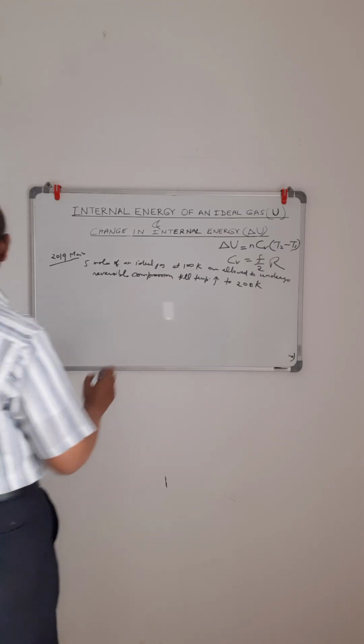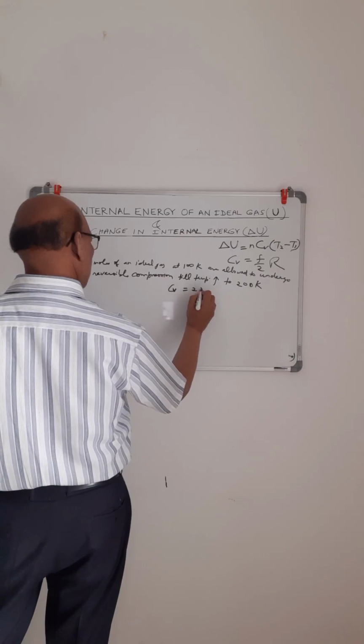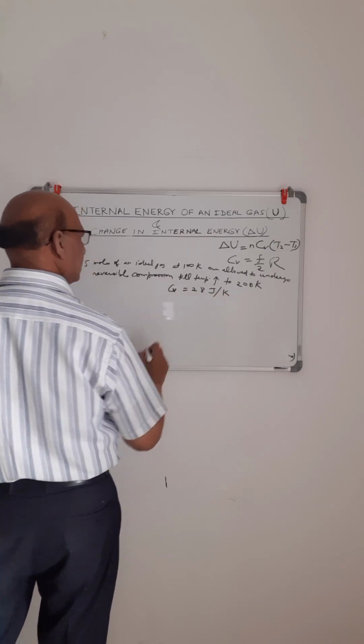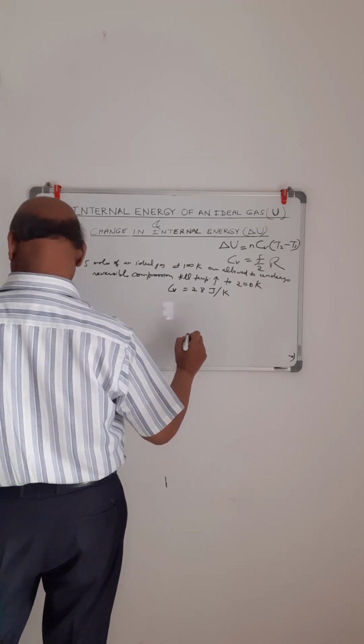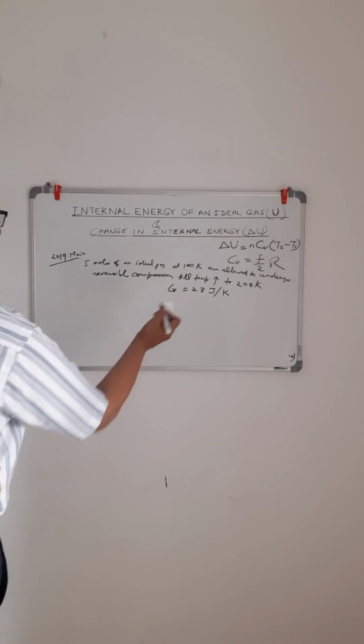Okay, and the CV value is given to us as 28 joule per Kelvin, because this is joule per Kelvin.